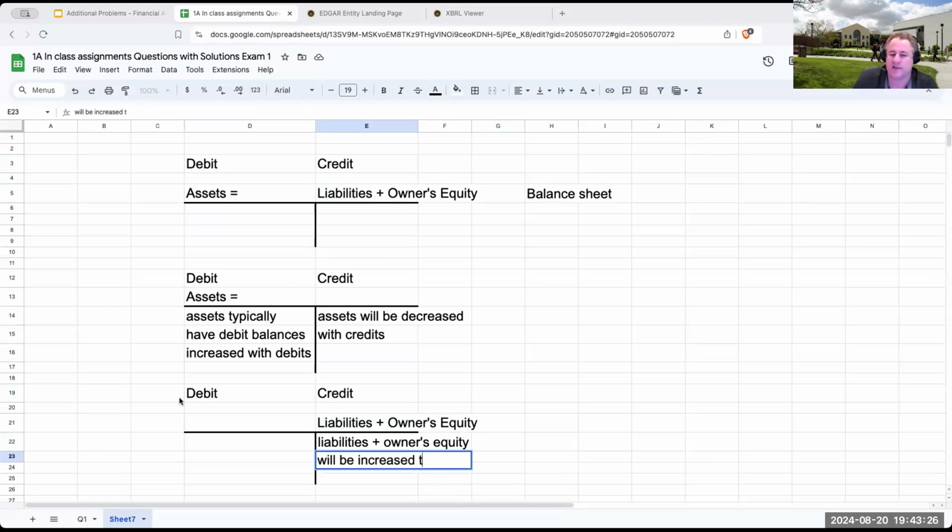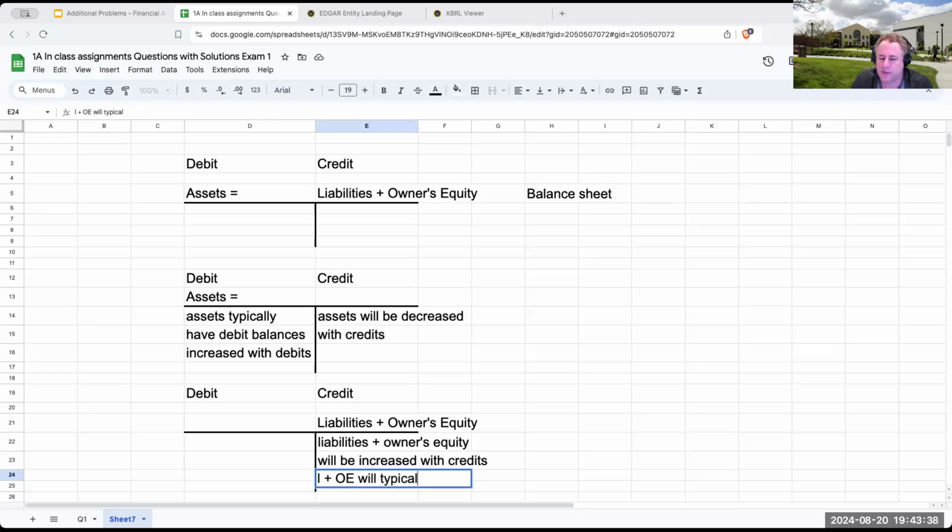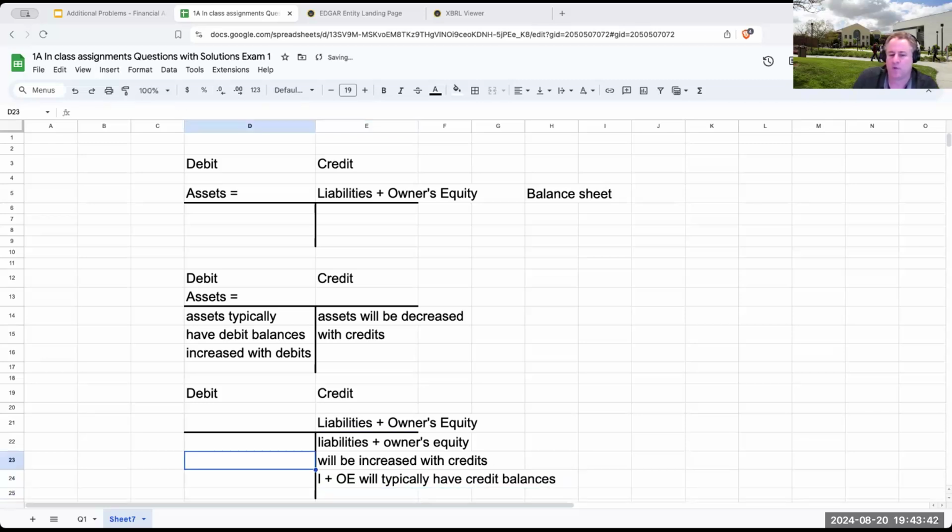The right-hand side is DC, debit credit, right? And liabilities and owner's equity will typically have credit balances, okay? Whereas assets will be decreased with credits, and liabilities plus owner's equity will be decreased with debits, okay?